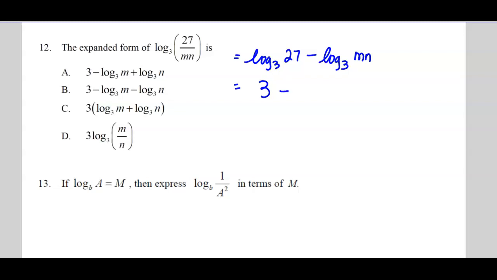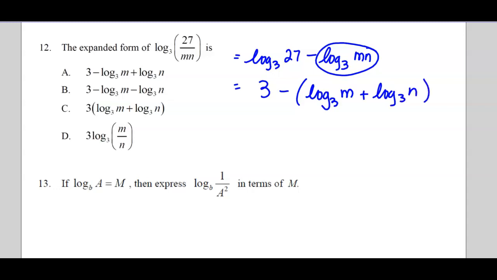Now, be careful. We're subtracting whatever this is. So I'm going to open a set of brackets. Right? Because that alone, log of m times n, is log of m plus log of n. Okay, so yes, they're added together, but I'm subtracting everything here.